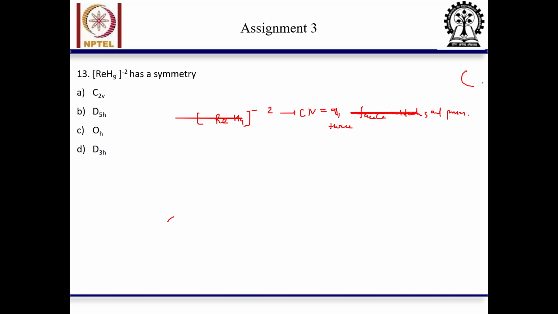Okay. So this has symmetry of D3h. So the correct option is D3h.